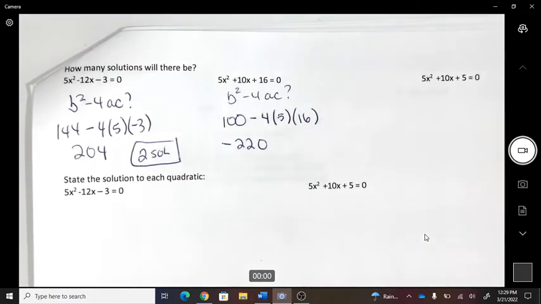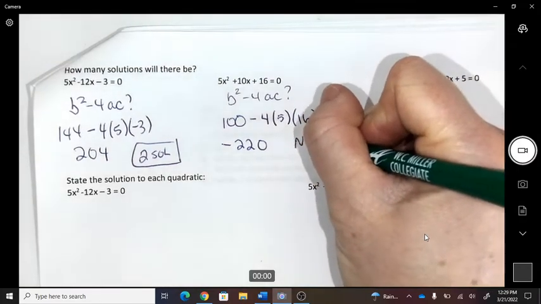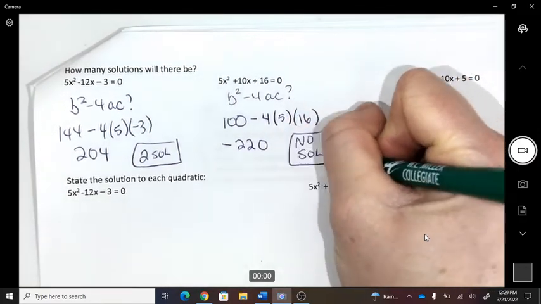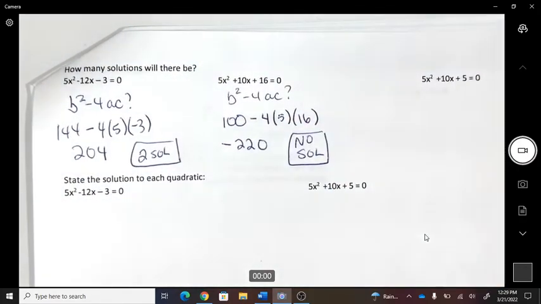Did we get negative 220? So what does that tell me? Because in the formula, if I put it in there, I'd be square rooting that negative number. And in my calculator, we're just having error. So there's not going to be a possible solution.